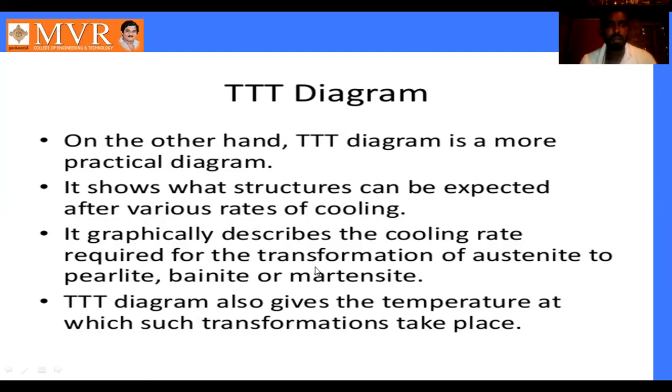Next, it graphically describes the cooling rates required for the transformation of austenite to pearlite, bainite or martensite. On the TTT diagram, you can see this type of transformation, austenite to pearlite, bainite or martensite. The TTT diagram also gives the temperature at which such transformation takes place.